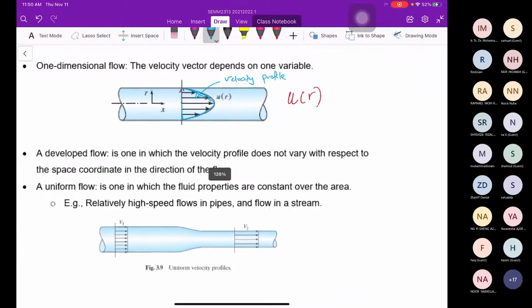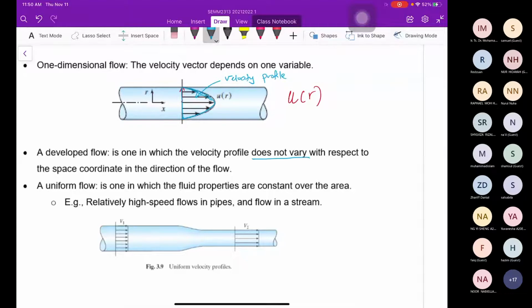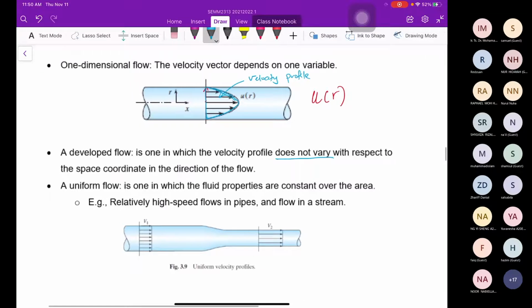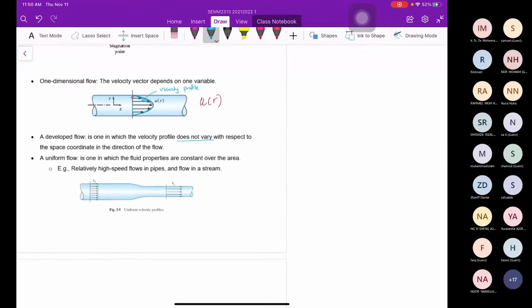Velocity profile doesn't vary with respect to space coordinate in the direction of flow. For example, you have the flow, the velocity profile is still the same. The velocity profile is unchanged in the direction of flow. So this is what we call a developed flow.